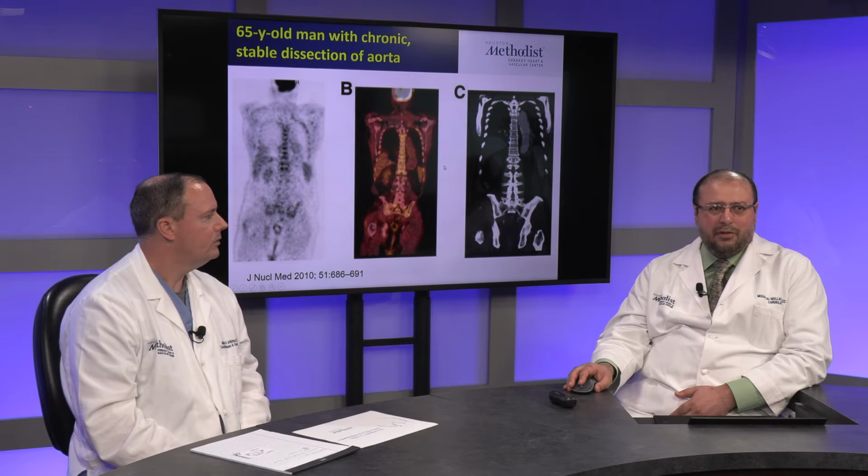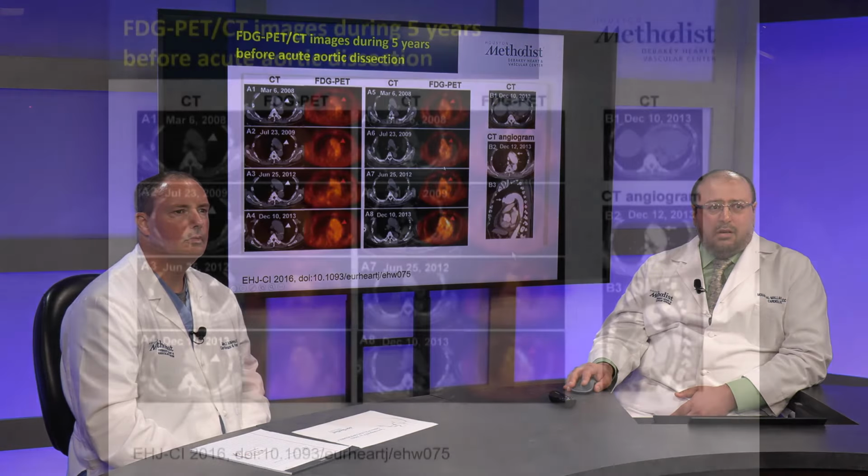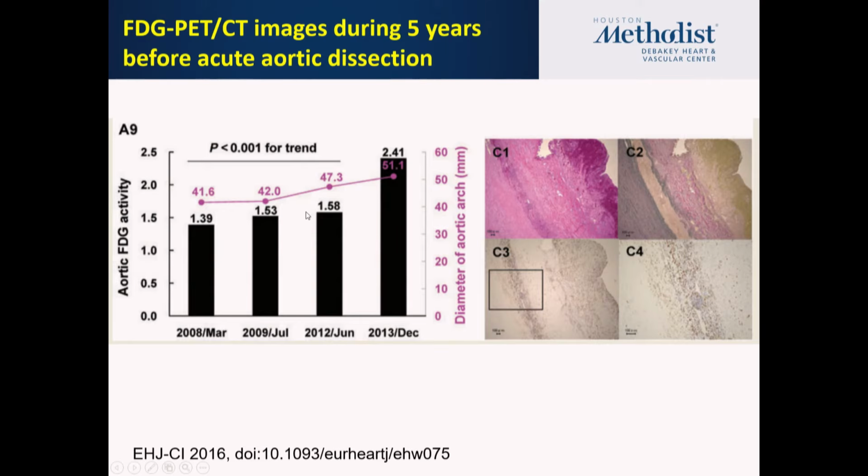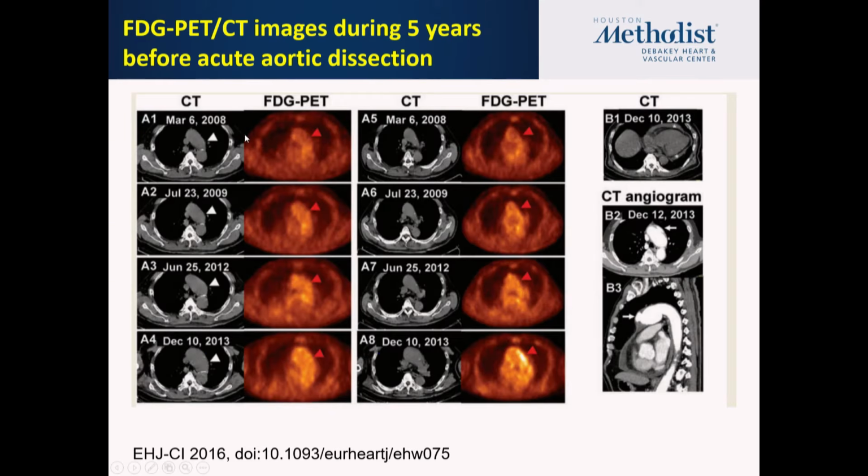Great. Okay, and this I noted in the literature, and this was actually a nice case report from the European Heart Journal, I think. What they noted is this is an FDG scan in a patient who eventually had the dissection in 2013.